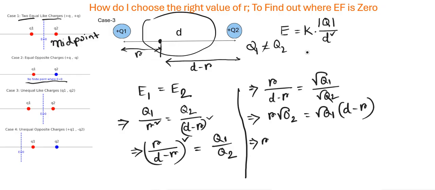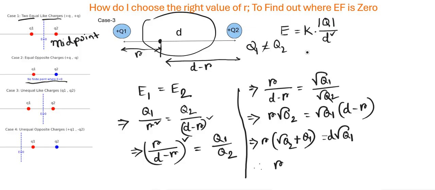So if we take r common, we can write square root of q2, and if we multiply this one, this will be square root of q1, and obviously the value of d.